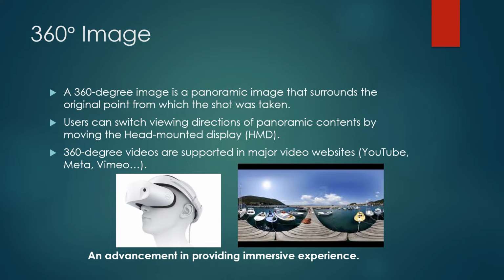Currently, the 360-degree videos are supported in major video websites such as YouTube, Meta, or Vimeo, so we can see they are becoming more and more popular. And also, this technology is a great advancement in providing immersive multimedia experience to users.